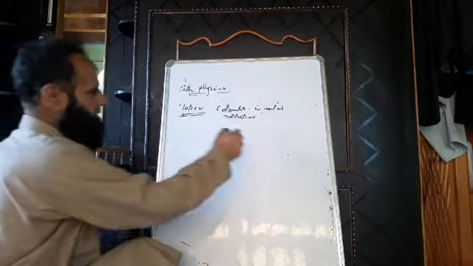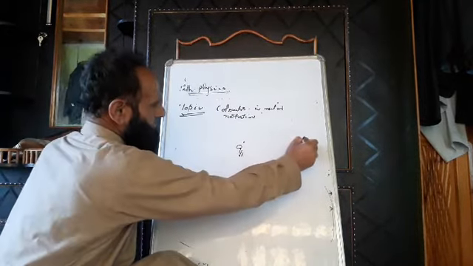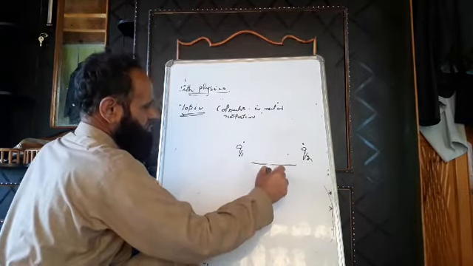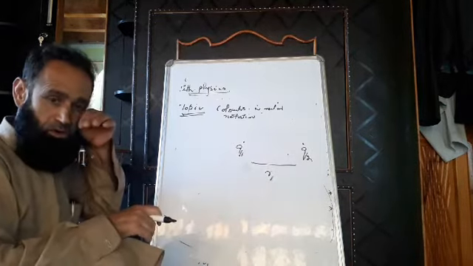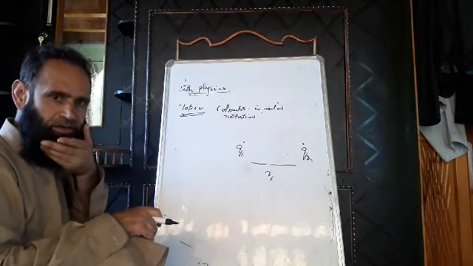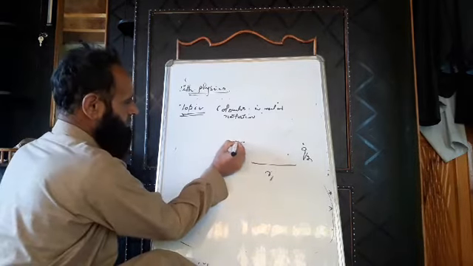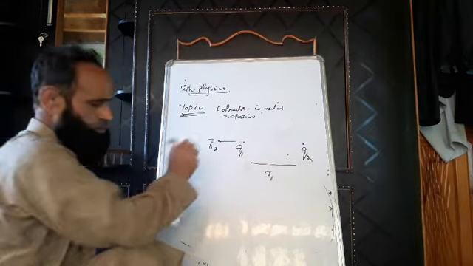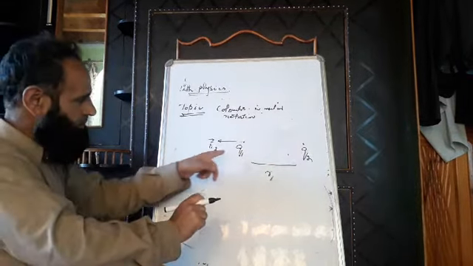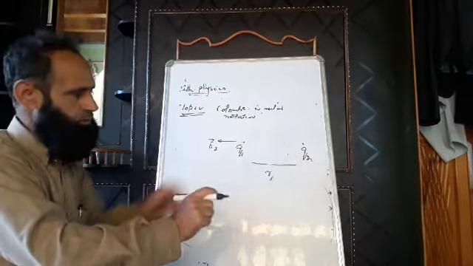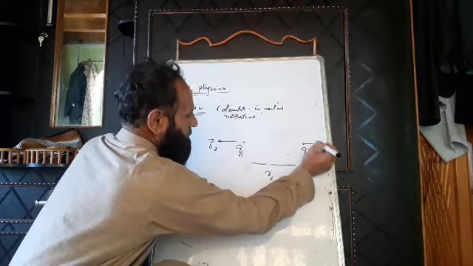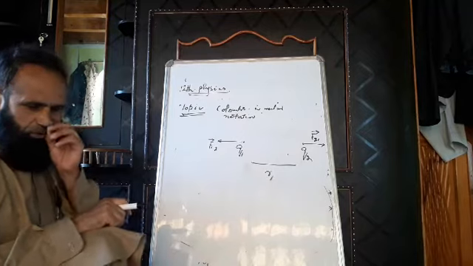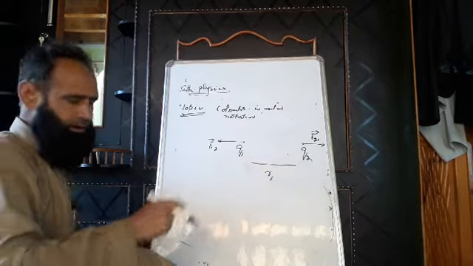Let us take two positive charges Q1 and Q2 separated by distance R. Let F12 be the force on charge Q1 due to charge Q2, and F21 be the force on charge Q2 due to charge Q1.